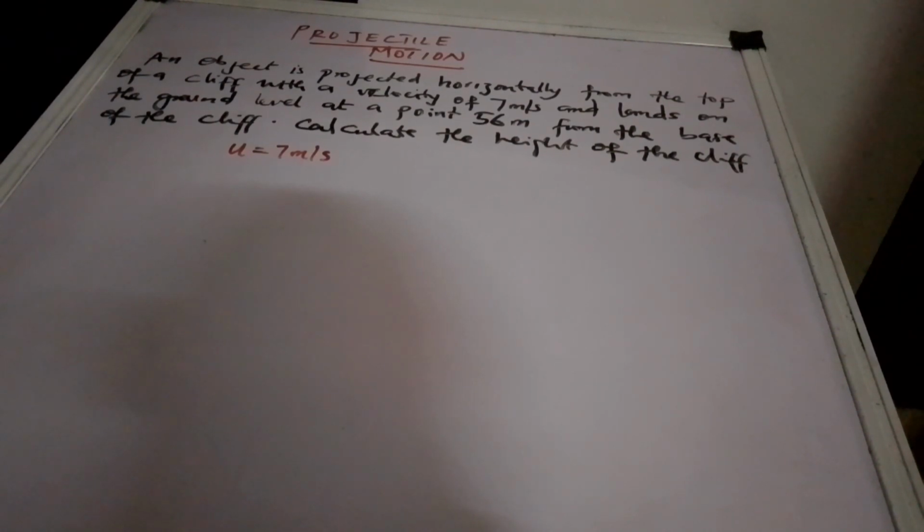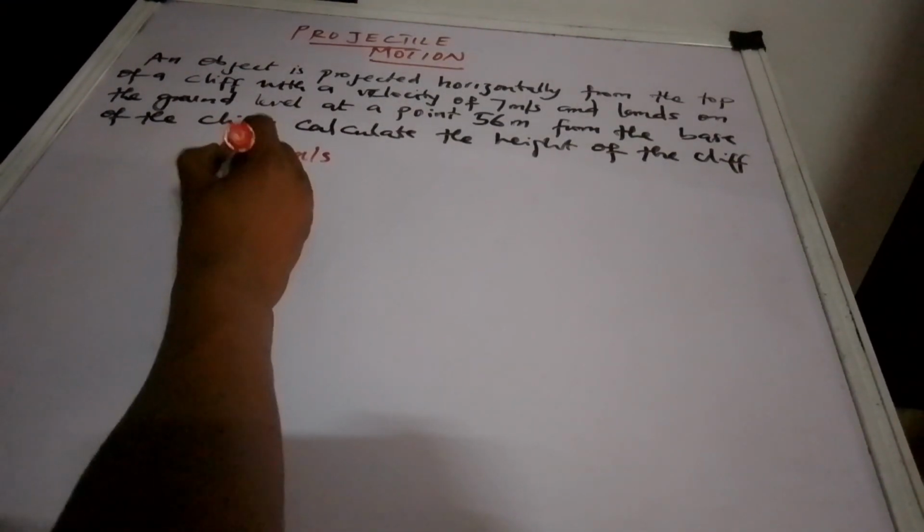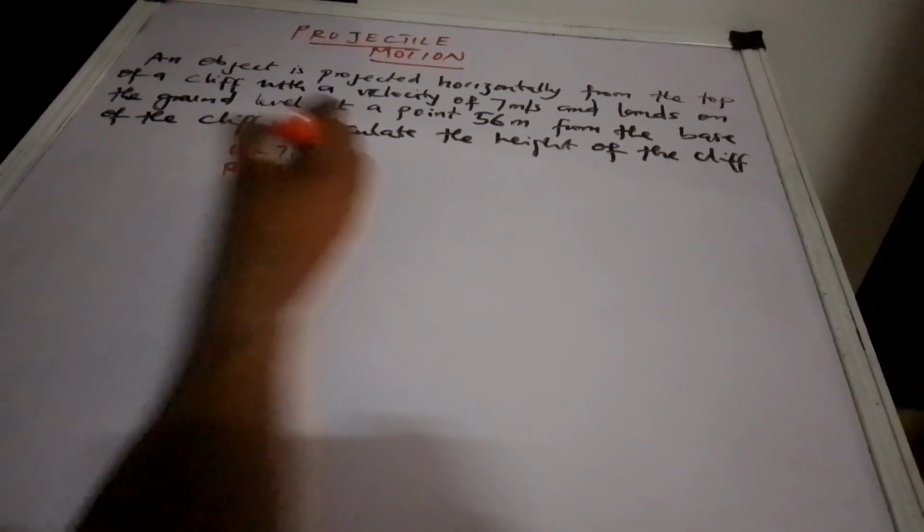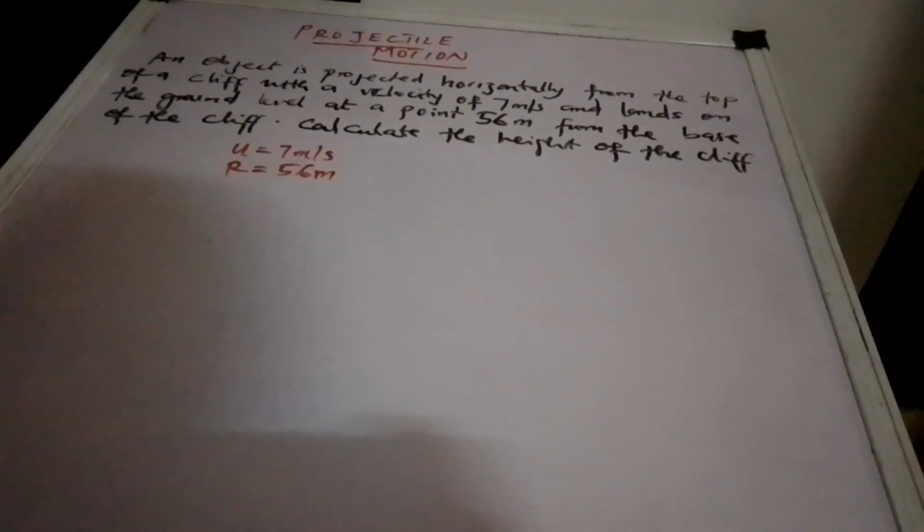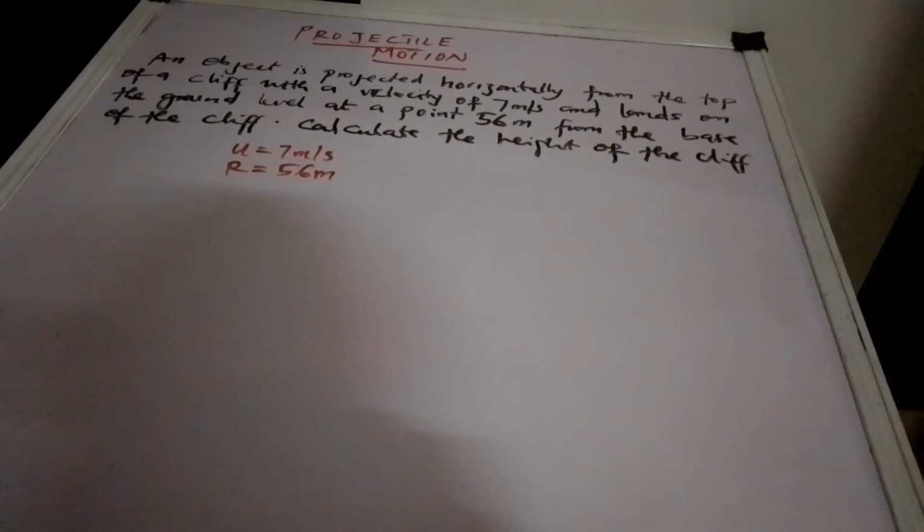If you look at that, where it lands 56 meters from the base, that is telling you that what they have given us is the horizontal distance covered, which is our R. So that is our R, which is 56 meters from the base.